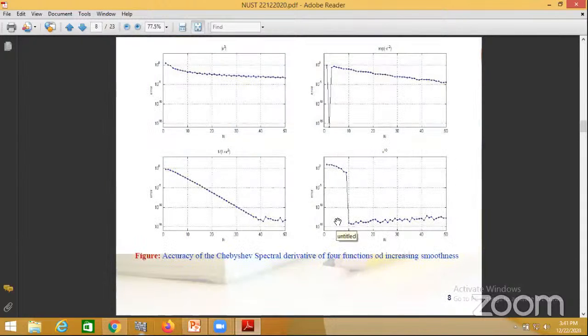To check further, consider functions like y is equal to x cubed, exponential of minus x square, 1 over 1 plus x square, and x raised to the power 10. We can see that if we increase the number of points for a function like 1 over 1 plus x square to between 40 and 50, the accuracy is of 10 raised to the power minus 15. Similarly, we can see the accuracy of the Chebyshev differentiation matrix for all these functions given here.